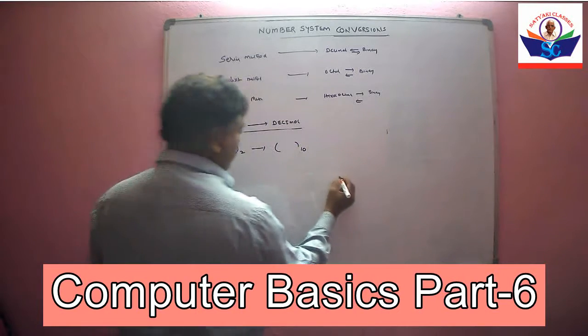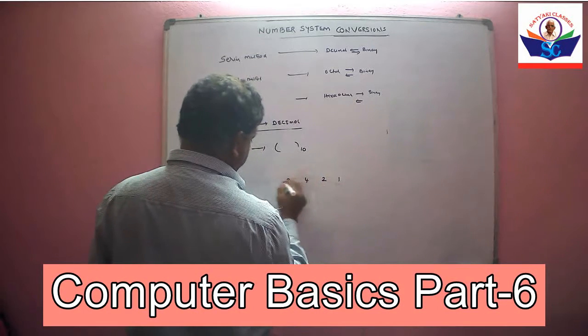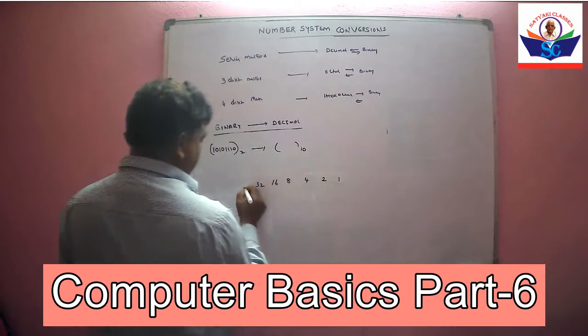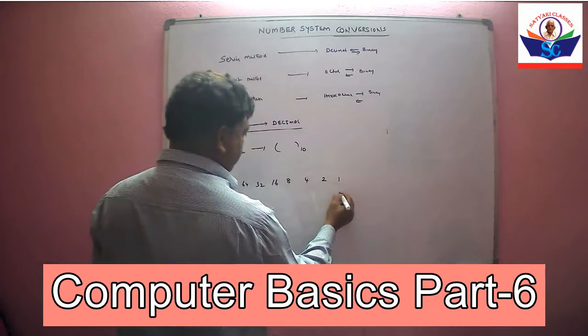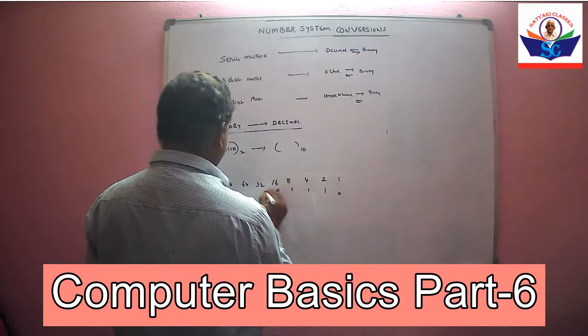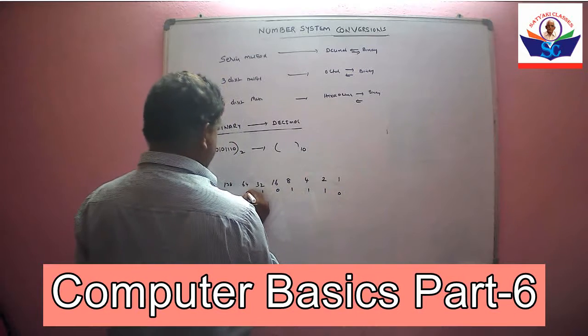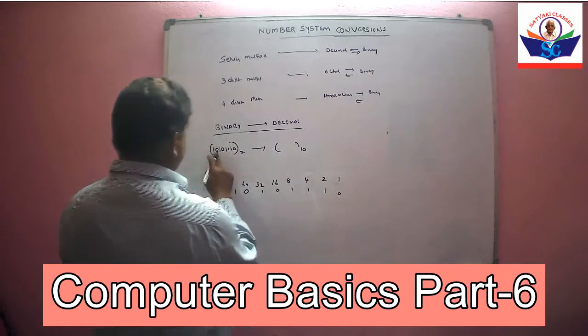So we will take 8 weights: 1 2 4 8 16 32 64 128. Write it: 1 0 1 0 1 1 1 0.